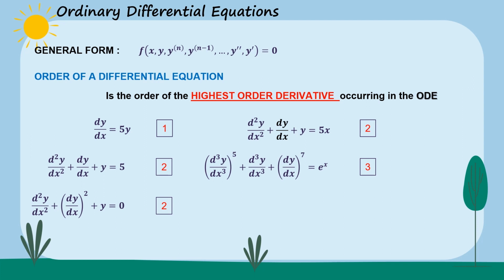Because if we are trying to solve a differential equation of some particular order, then the solution must have that many unknown constants.